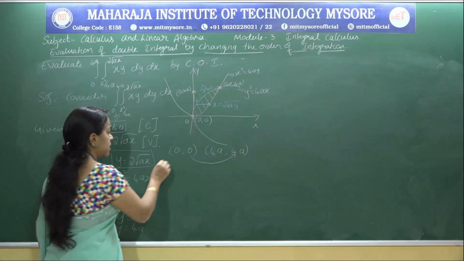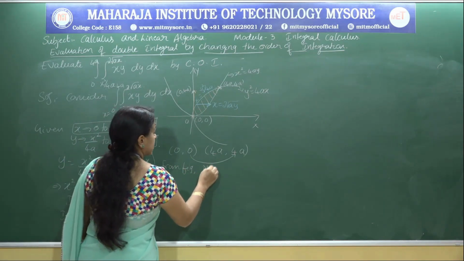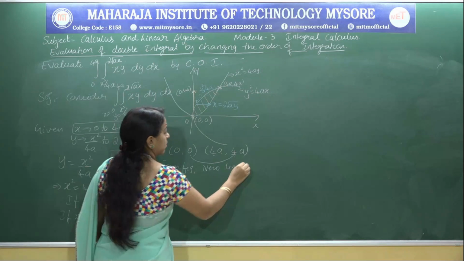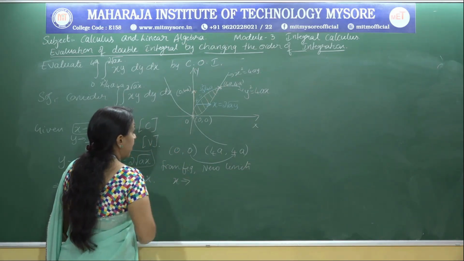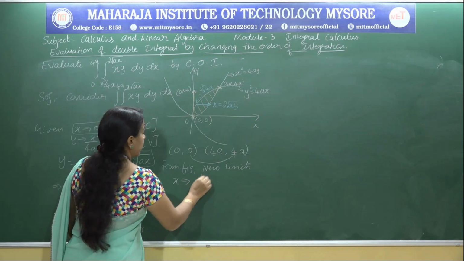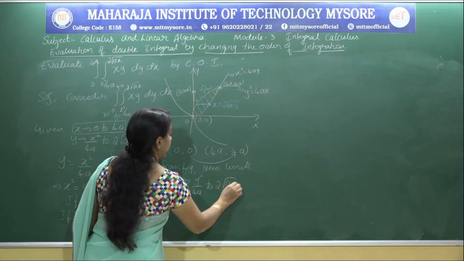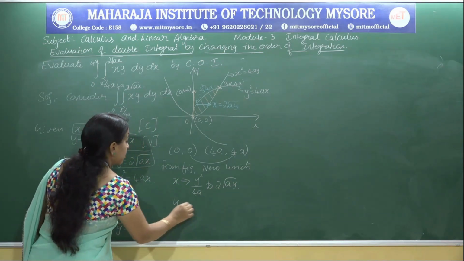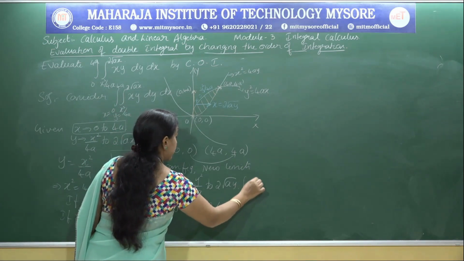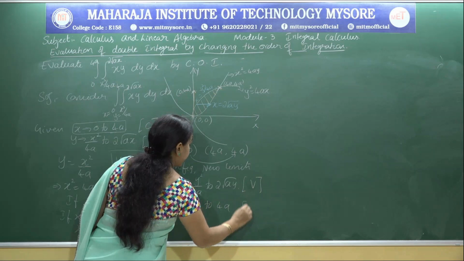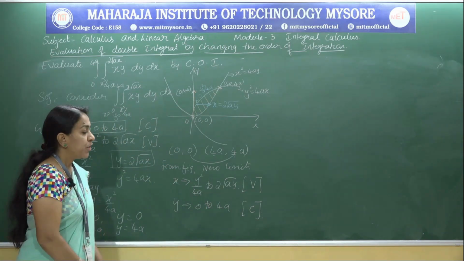Therefore, the new limits from the figure are: our x is a variable limit, x varies from y square by 4a to 2 times root of ay, and y varies from 0 to 4a. So we change x as a variable limit and y as a constant limit.